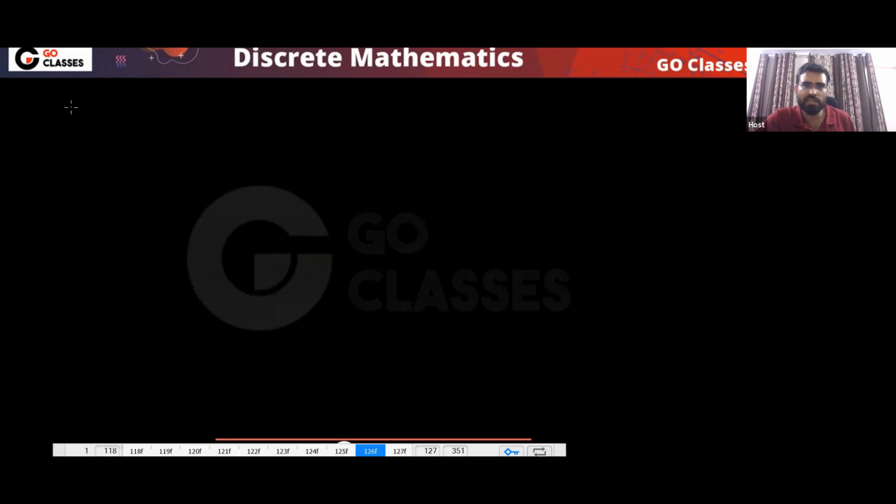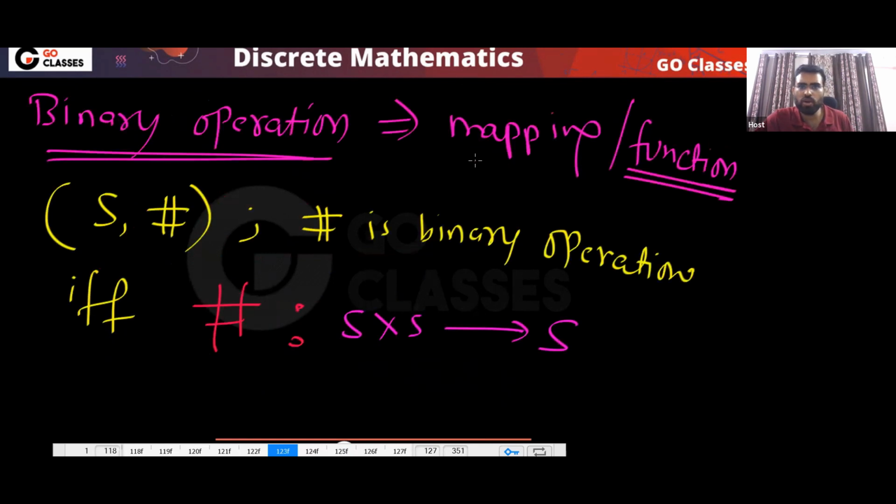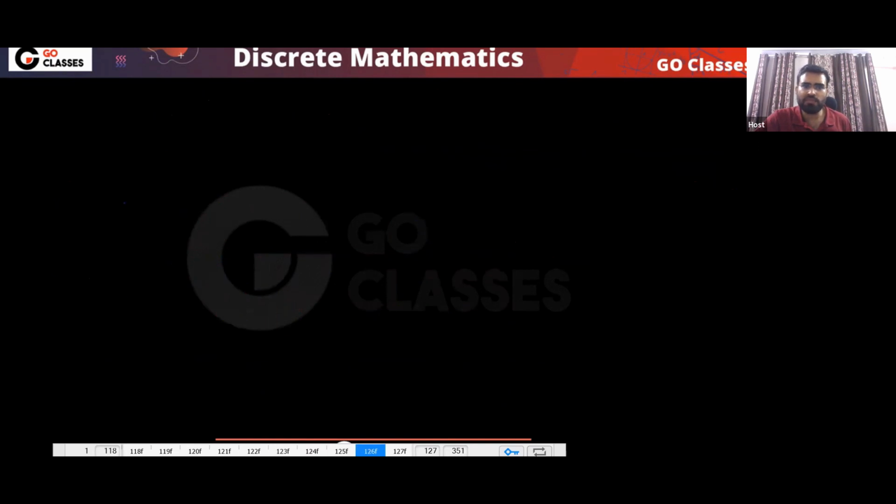So this is the idea: a binary operation is a function, a mapping from S cross S to S. If it is a function, how can you say it is the closure property?